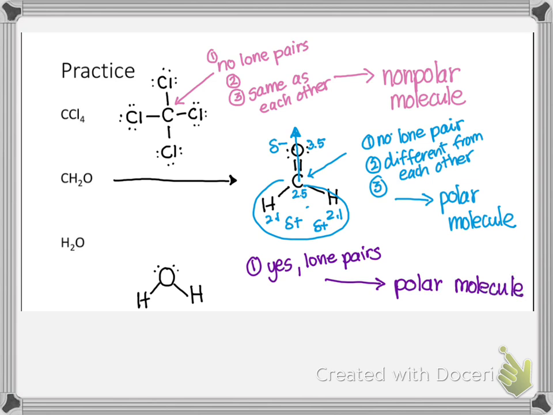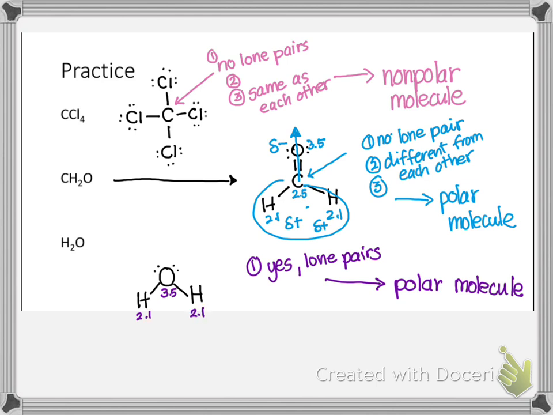Even more importantly, I want you to know what part of water is the negative side and what's the positive side. This is another one where we can look at the bonds. It's set up that way. We've got the lone pairs on the top, but also looking at the electronegativities, oxygen is 3.5 and these guys are 2.1.